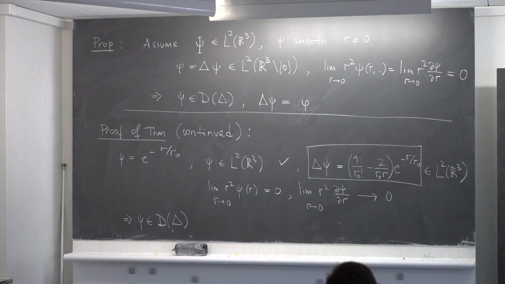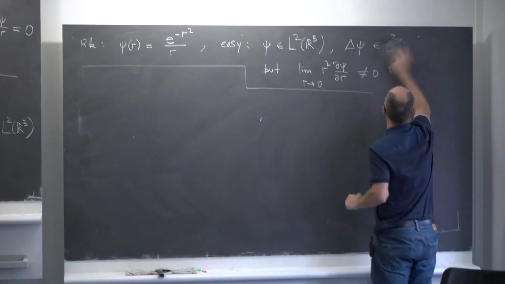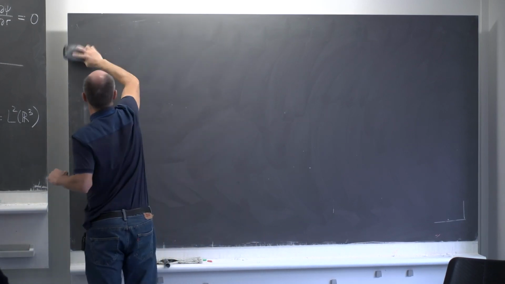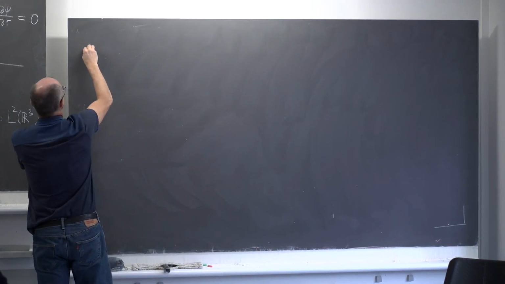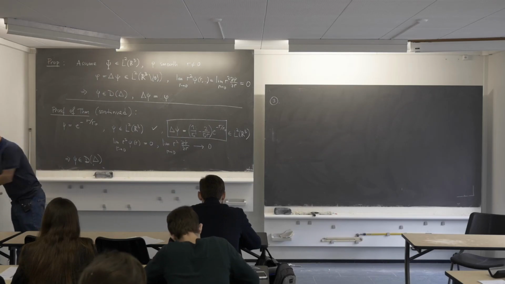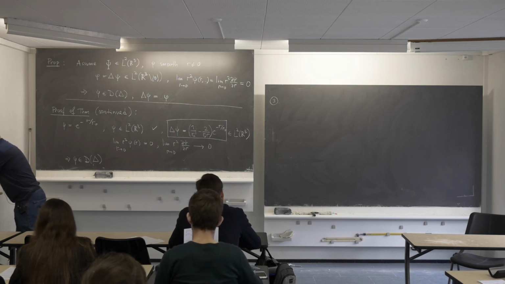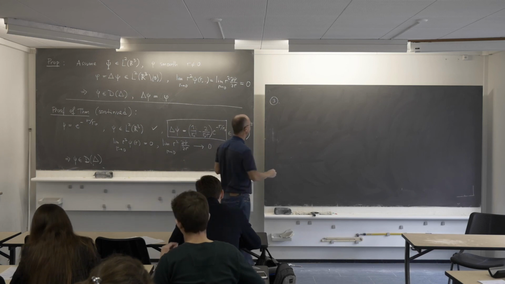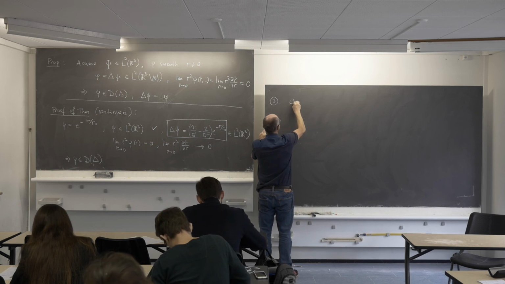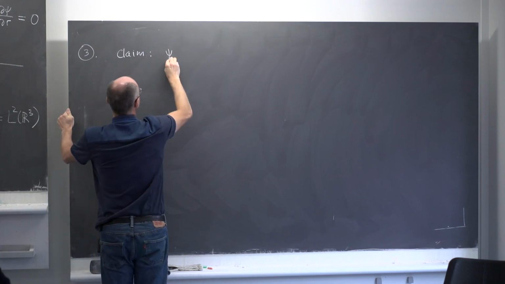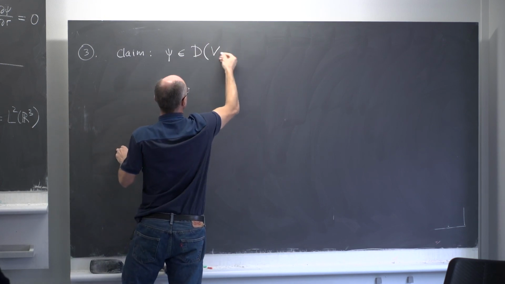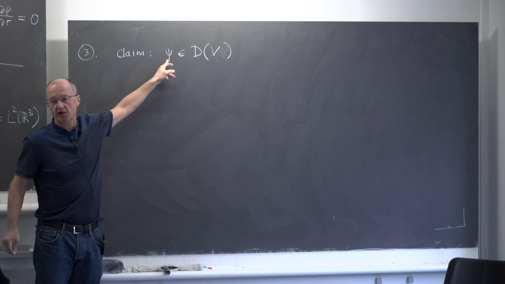Now, the last step in the proof. Actually, for that last step, there are two different ways to do it. One way is naive, and the other one is high-tech. So the naive way is as follows. We want to know whether it is in the domain of the potential.